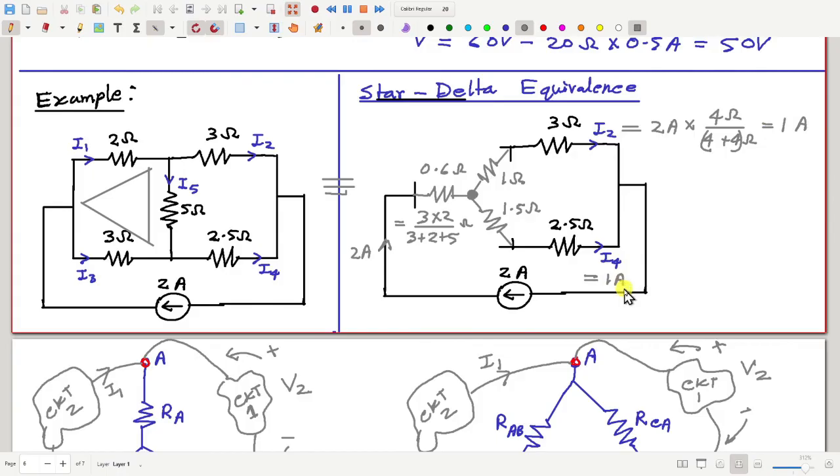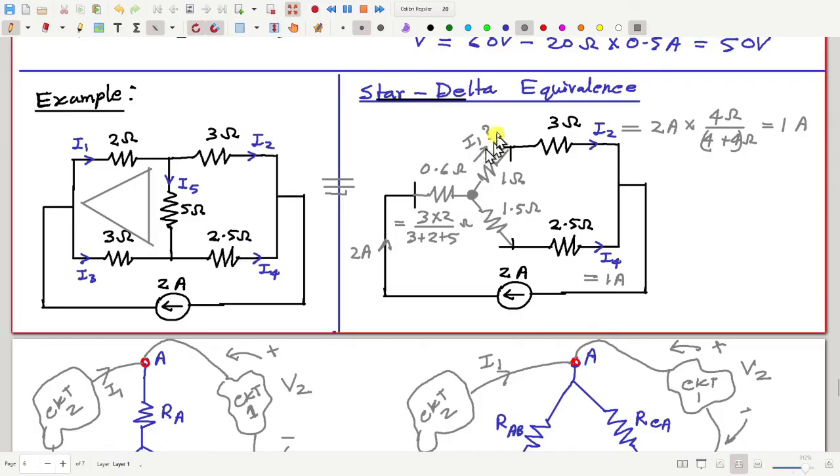Now next, how much is I1? We got I2, we got I4. How much is I1? Will this I1 be the same as this current here?